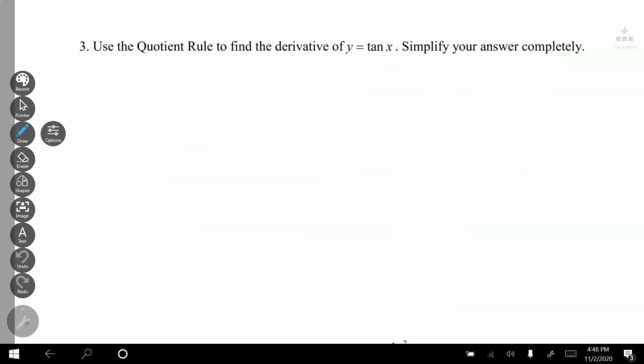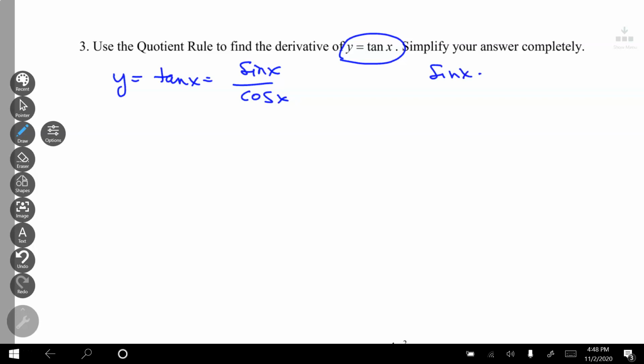So how can I use quotient rule to figure out what is the derivative of tangent of x? If you recall, tangent of x is just sine of x over cosine of x from trigonometry. So I have sine of x, its derivative is cosine of x. Cosine of x, its derivative is negative sine of x.